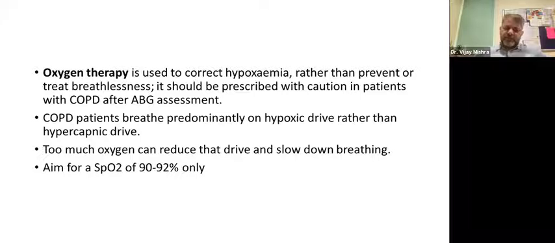If there is one message from today's discussion that I want you to take home, it is to take this slide home: COPD patients usually will have low oxygen saturations or low partial pressure of oxygen in their blood, and slightly raised carbon dioxide. So COPD patients predominantly have their respiratory center in the brain driven by the hypoxic drive.